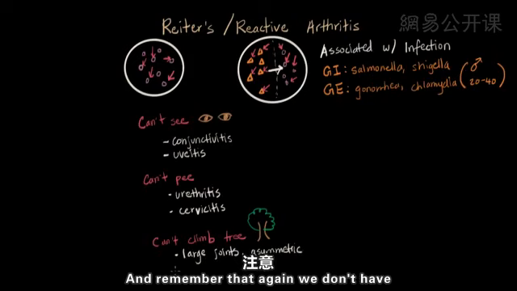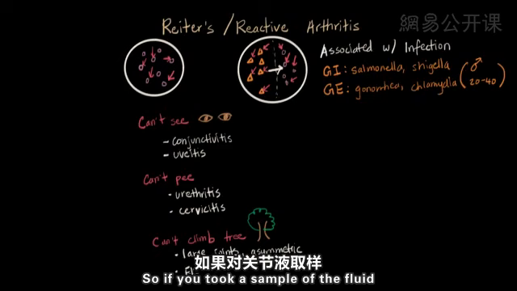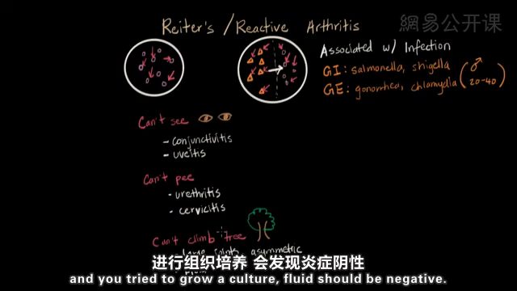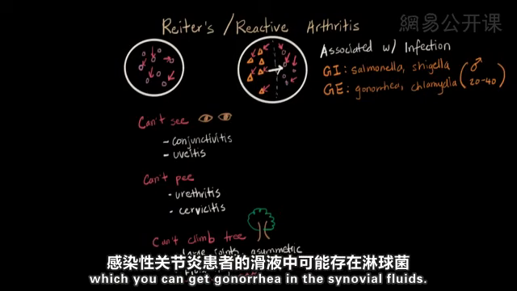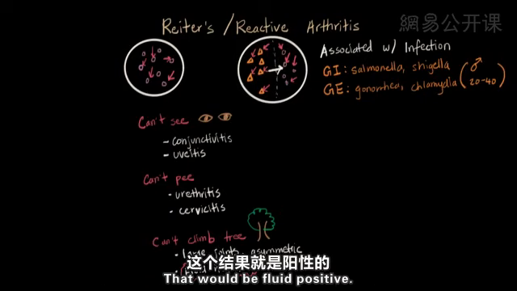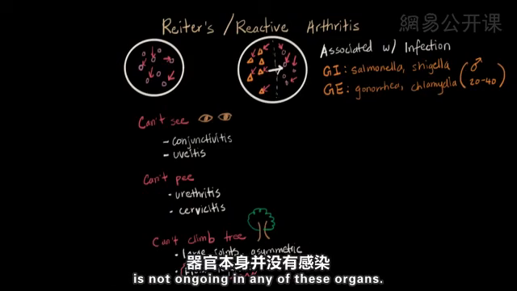And remember that we don't have an ongoing infection in the joints. So if you took a sample of the fluid and tried to grow a culture, the fluid should be negative. This is very different from infectious arthritis, where you can get gonorrhea in the synovial fluids. That would be fluid positive, but this is fluid negative because the infection is not ongoing in any of these organs.